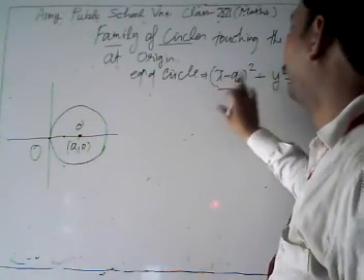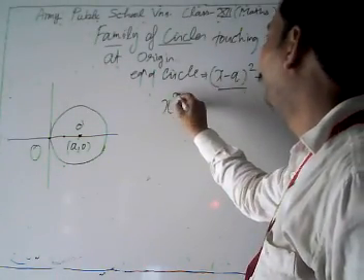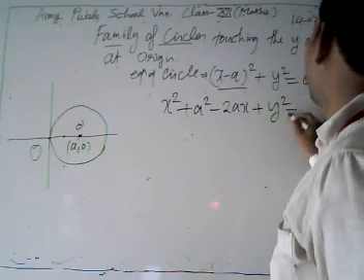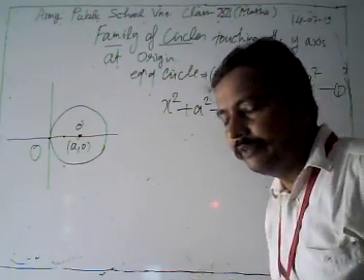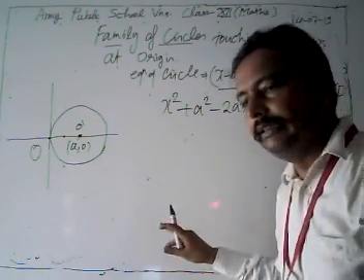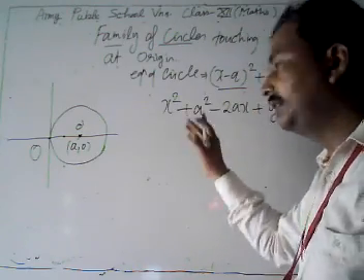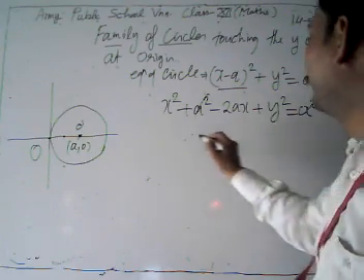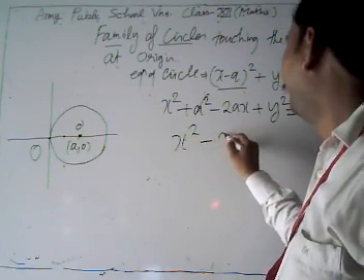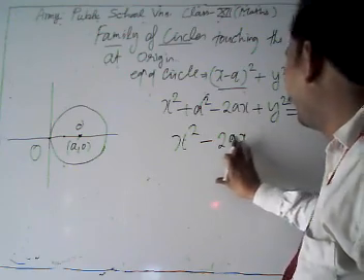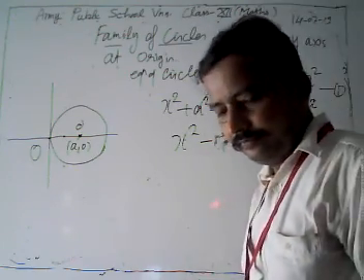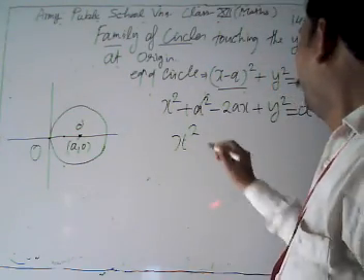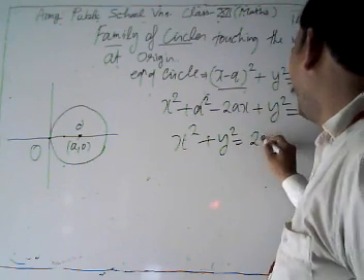Now first of all, we are going to expand this (x minus a) square. Then we have x square plus a square minus 2ax plus y square equal to a square, because if we do not get rid of this a square, we cannot easily find our differential equation. Now this a square cancels out. Now we have the equation x square plus y square equal to 2ax.